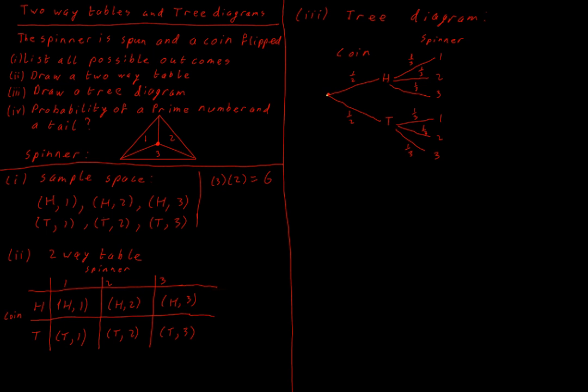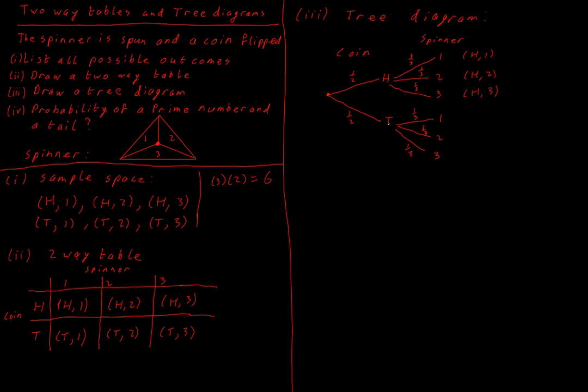So we start out, we haven't done anything yet. We could have gotten a head and then a 1, a head and then a 2, a head and then a 3. You can see how this is working out the same as our sample space.